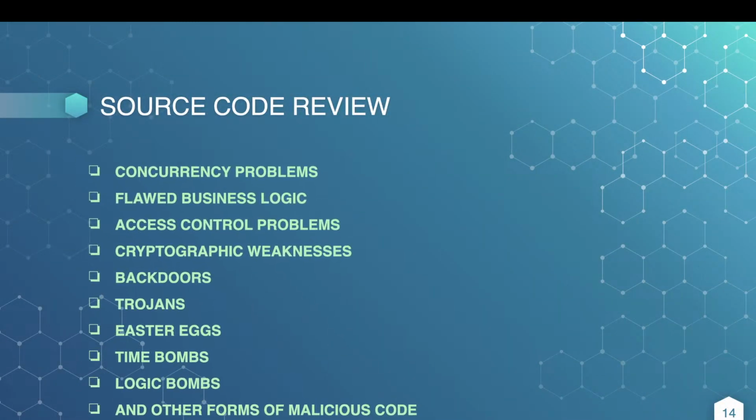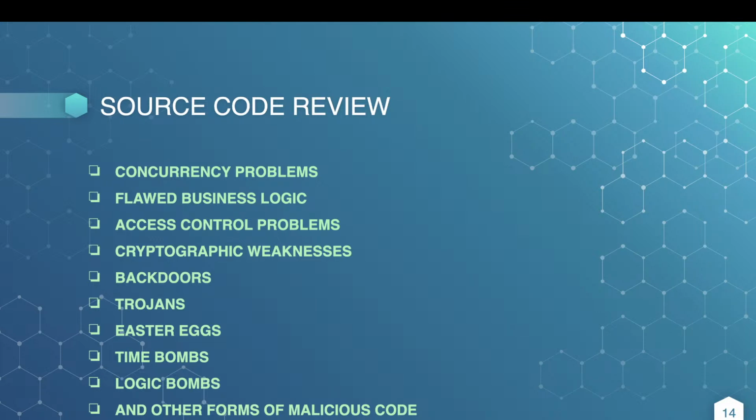Source code review, on the other hand, is very specific. We're looking for these types of issues. I've listed a few, but there are so many more that we can look for, and it's important to have your checklist, but also to just read the code and understand it fully. We're looking for concurrency problems, business logic flaws, access control problems, cryptography weaknesses, backdoors, Trojan horses, Easter eggs, time bombs, logic bombs.